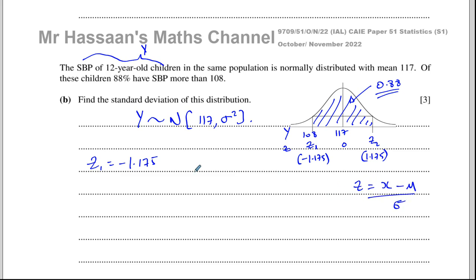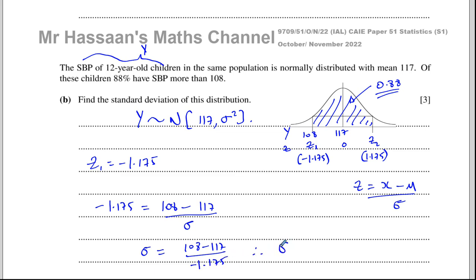In this case, we know the score, which corresponds to the standardized score. So I can say minus 1.175 is equal to the score, which is 108, minus the mean, which is 117, over the standard deviation, which is going to be solved now by rearranging this formula. So the standard deviation is going to be 108 minus 117 divided by negative 1.175.